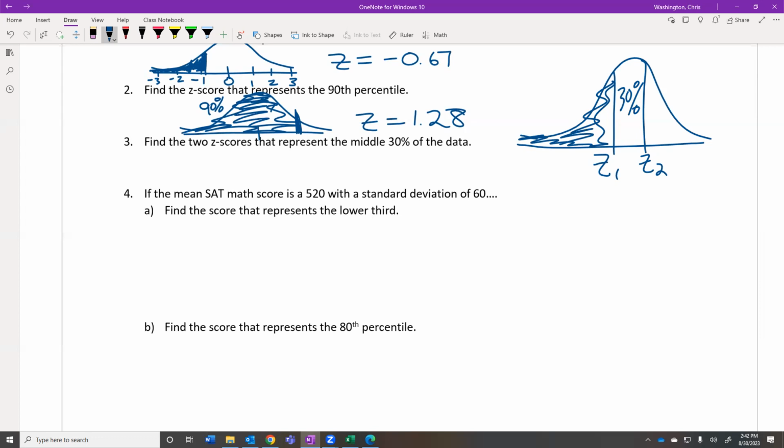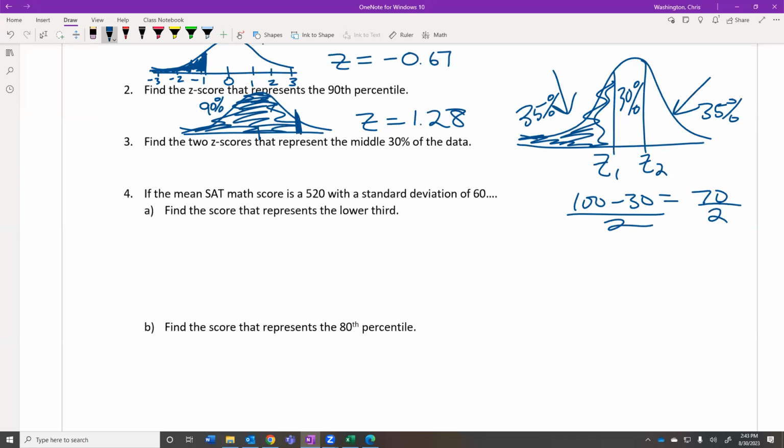We take the 30 away from the middle: 100 minus 30 is 70. But that 70 has to be divided evenly into those two areas on either side of the 30%. So we divide that by 2. 70 divided by 2 is 35, so there's 35% on this side, and 35% on that side.